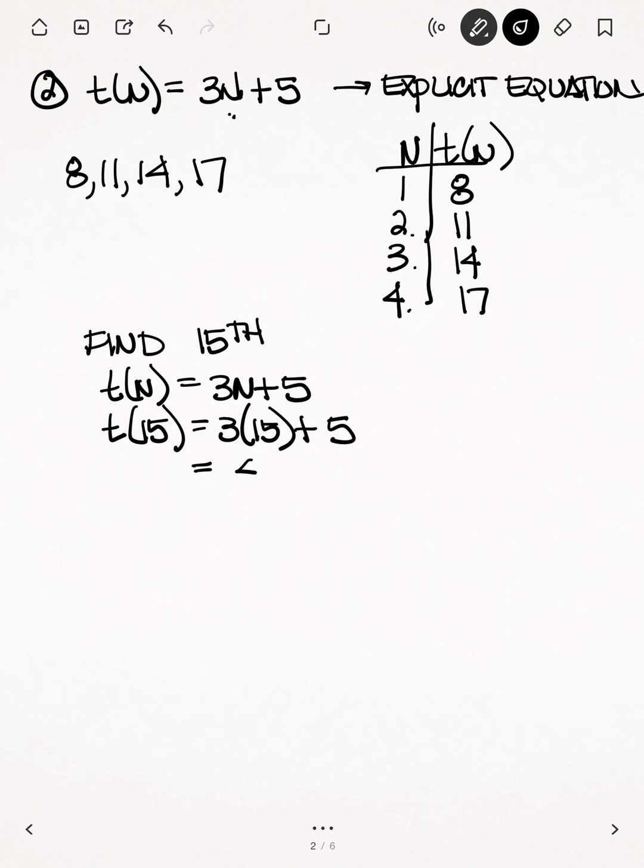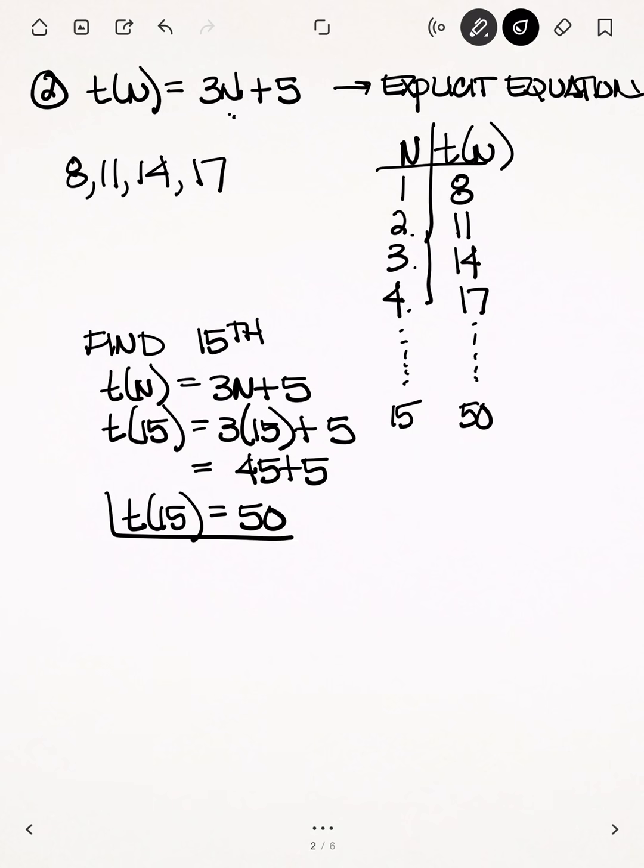That would be 45 plus 5. And my 15th term would be 50. So that means if I had carried this all the way down to 15, I would have found out that 15 goes with 50. And that was pretty easy to find because I had an explicit equation.